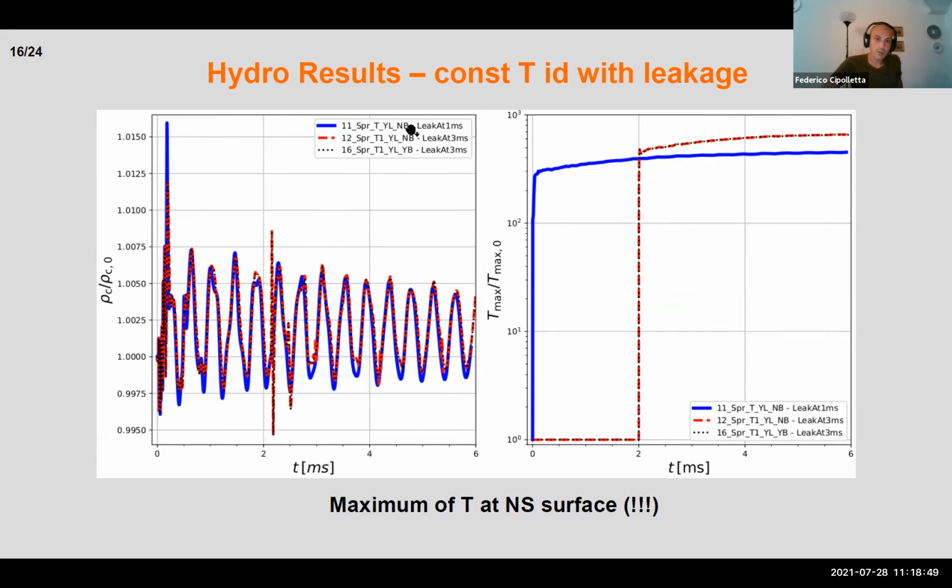So the blue curve was switched on after 1 millisecond, the dashed red after 3 milliseconds, and the black dotted after 3 milliseconds. And you can see that switching on the neutrino leakage does not affect the rest mass and temperature, because those plots are really similar to the one that I showed before.